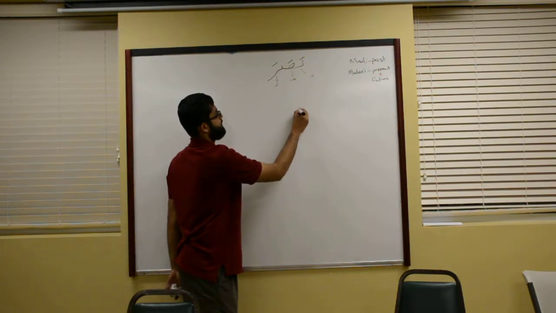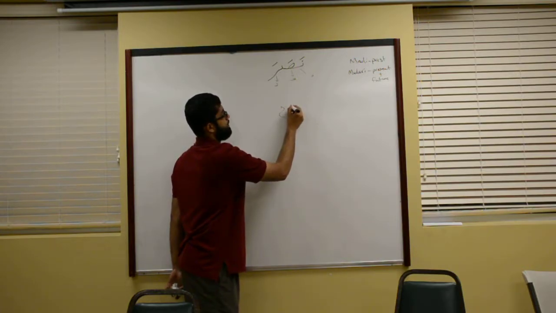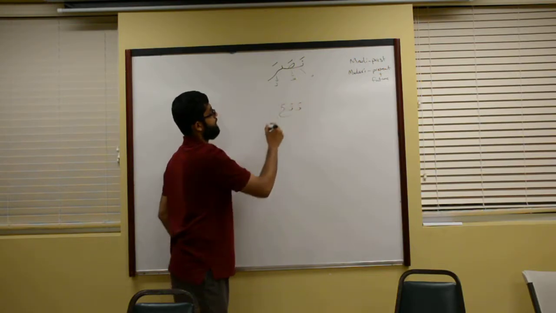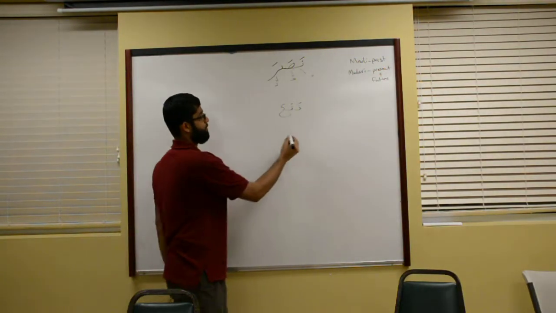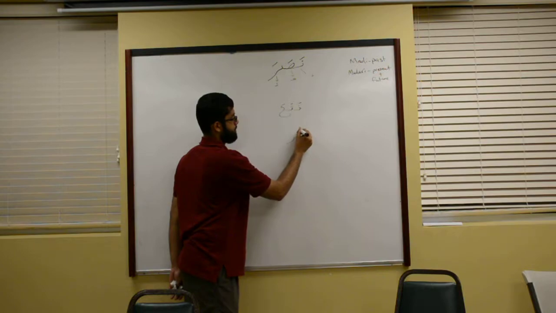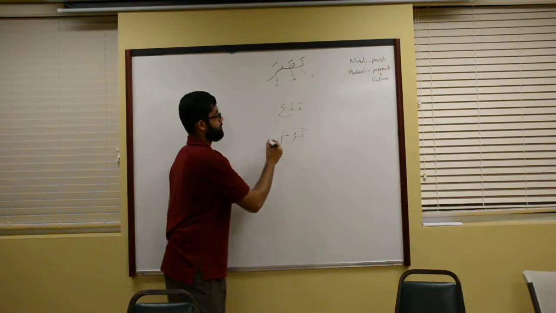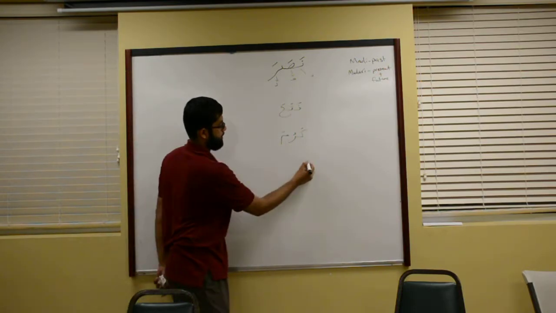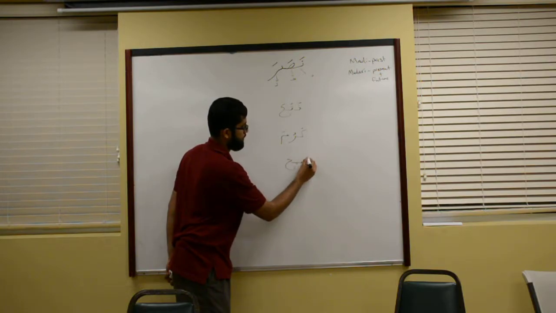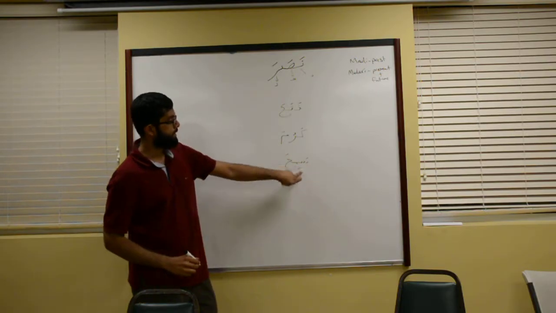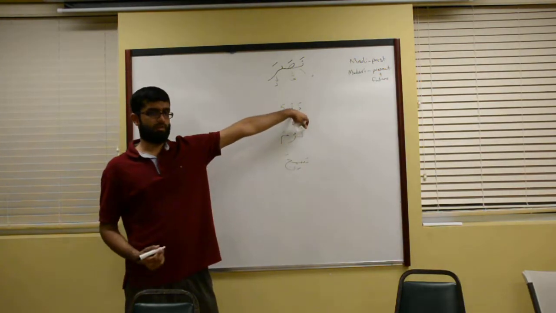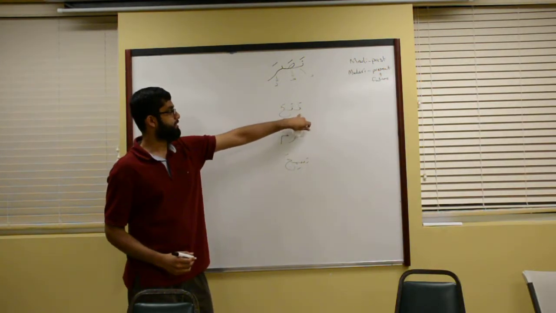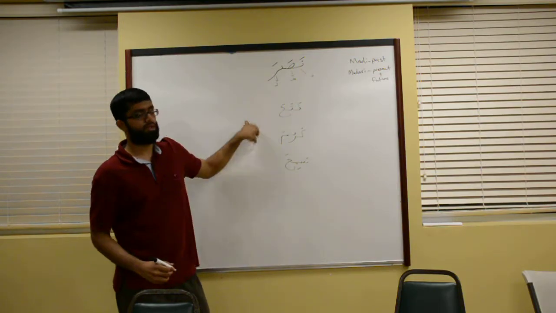If I wrote fataha, the first root and the third root don't change. If I wrote karuma, which is another verb, or sami'a, you see how the ayn kalima changes. It can be a dhamma, a kasra, or a fatha. But the first and the third kalima don't change.